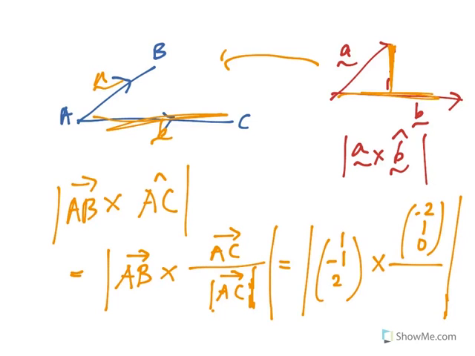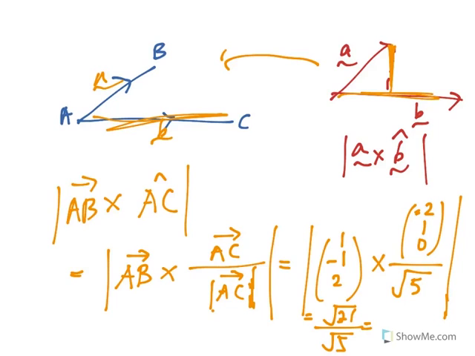If you do it at the side, you can see that negative 2 squared plus 1 squared plus 0 squared gives you square root 5. Simplifying this answer will give you square root 21 over square root 5.